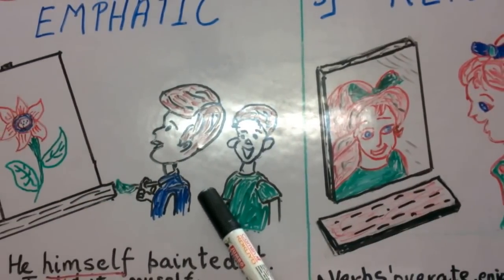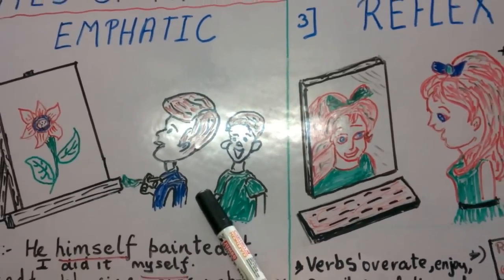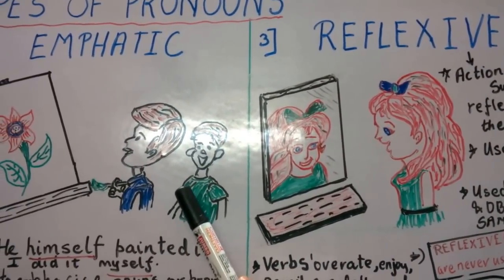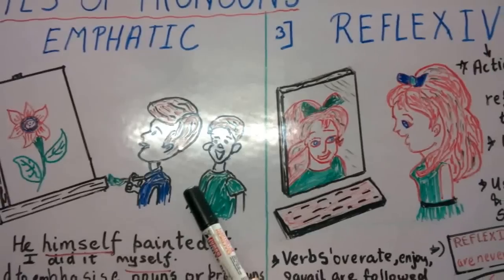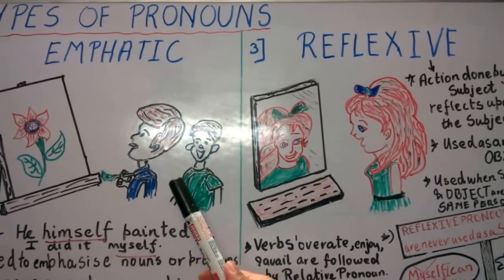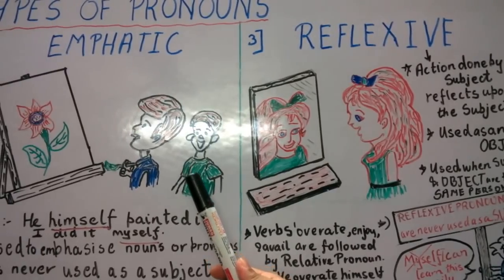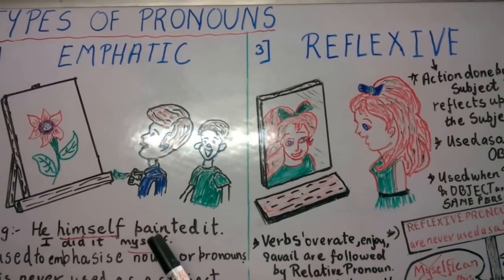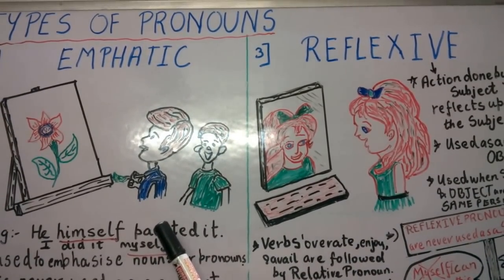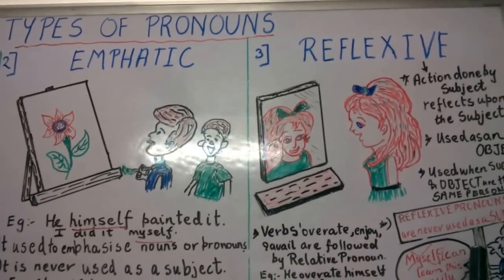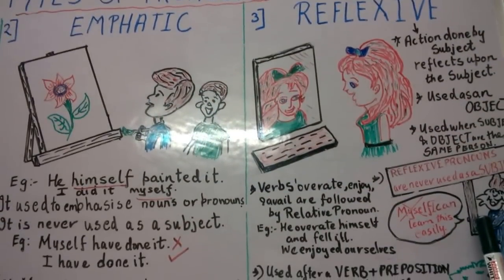So we could write khud hi. Now the placement is also different. Suppose I say, I scrub myself. When you see this myself in the place of object, but it stands for the same person as a subject, it comes after the verb in reflexive.